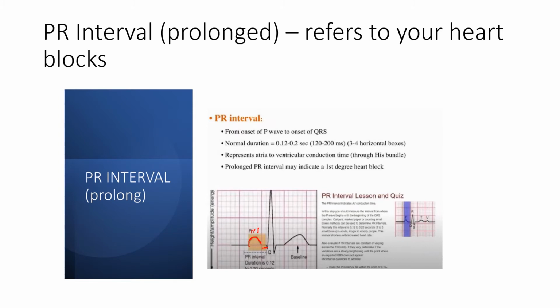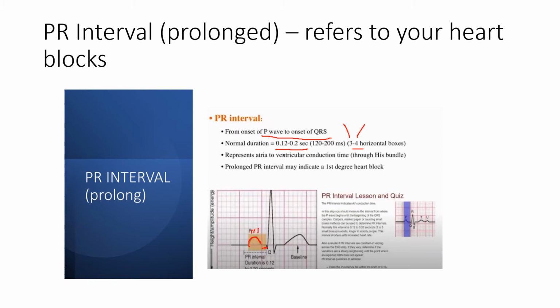We already said that your P waves give you the fast heartbeat. So from the onset of the P wave to the onset of the QRS, the normal duration is 0.12 to 0.2 seconds, which is equal to 3 to 4 boxes.